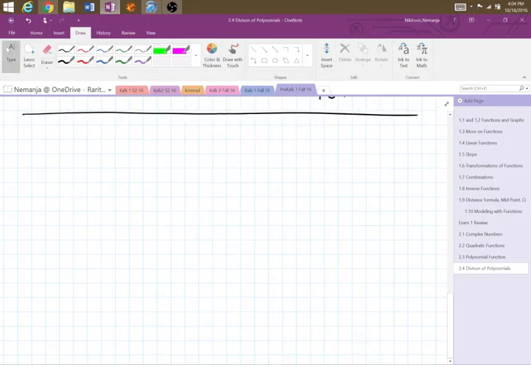So the new division that you haven't done so far is called synthetic division. And this one works only in a specific case, but this is exactly the case that we need in our next section most of the time.